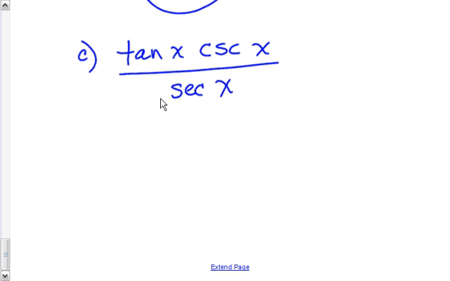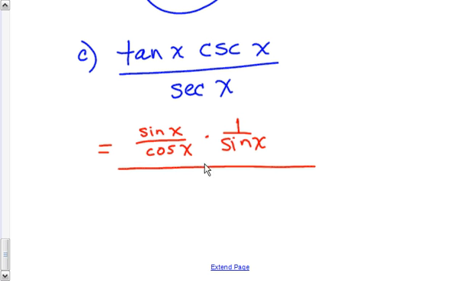What did y'all put in for tangent? What'd you put in for cosecant? What'd you put in for secant? Y'all get that step? Hey, what happens to these two sines on the top?